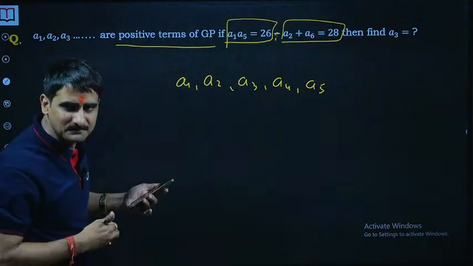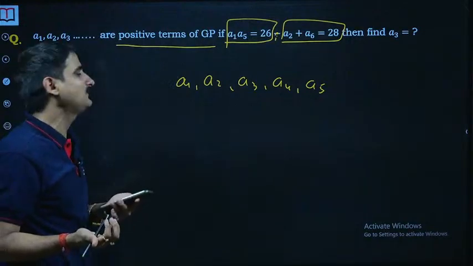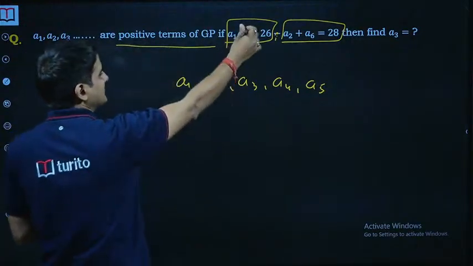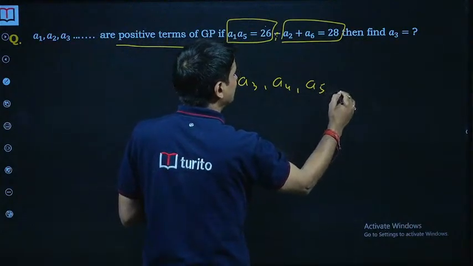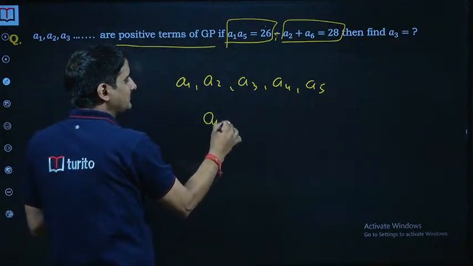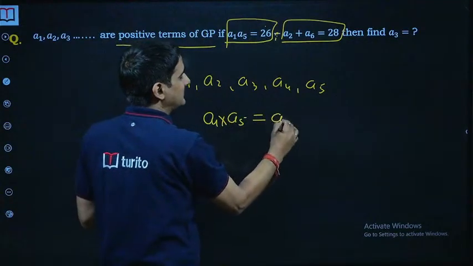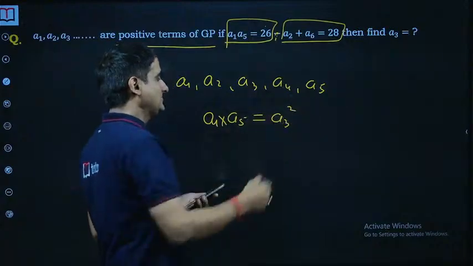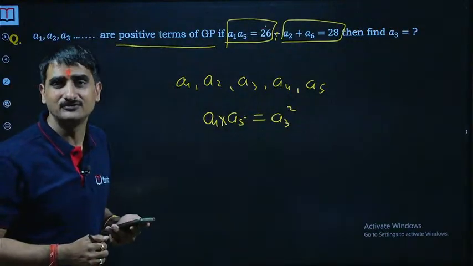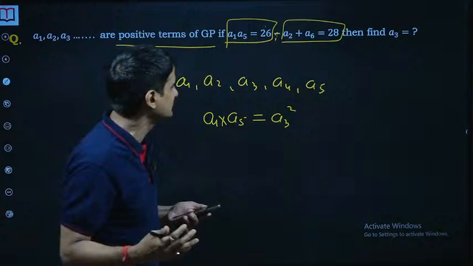It might be A1 plus A5 or maybe A1 minus A5, I don't know. It can't be A1 minus A5 because it is positive in that case. I'm not claiming anything here. But we know the property that the product of first and last is nothing but the middle one whole square. So if that's the question, you will get a3 as simply under root of 26, but I believe that won't be the case here.